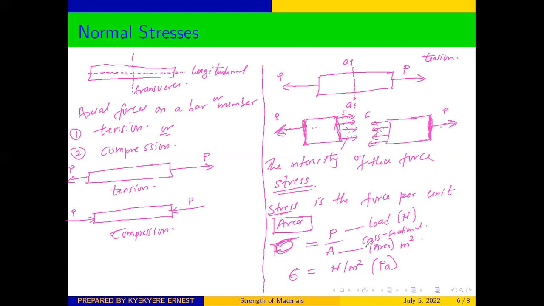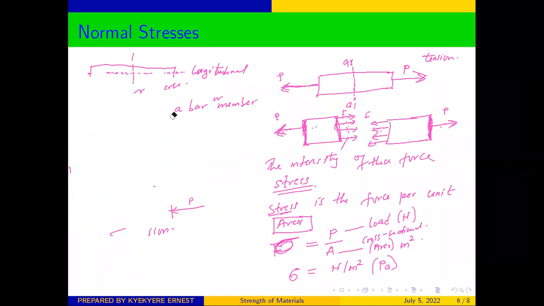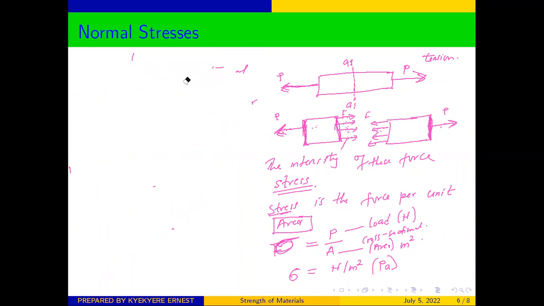Good. Now, if this stress is produced by loadings which are tensional, then the stress is given a positive value. Therefore, we can say that tensional stresses are positive, whereas compressive stresses are negative.